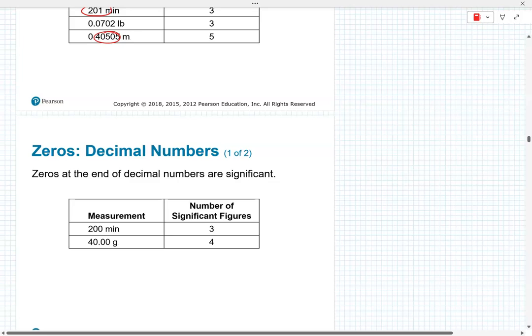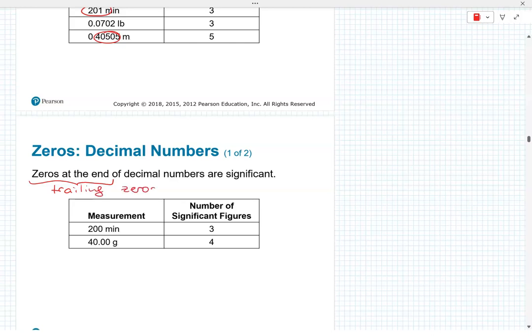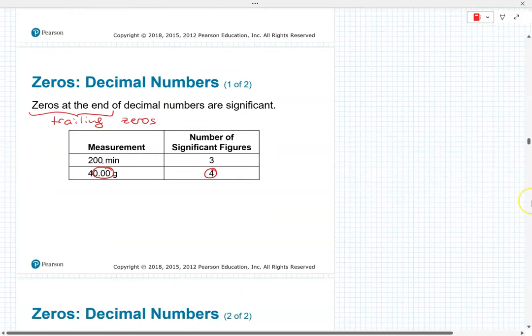So, trailing zeros at the end. Okay? So in this number 200, we presume that there is a decimal point right there. Okay? Trailing zeros give us 4 significant figures.